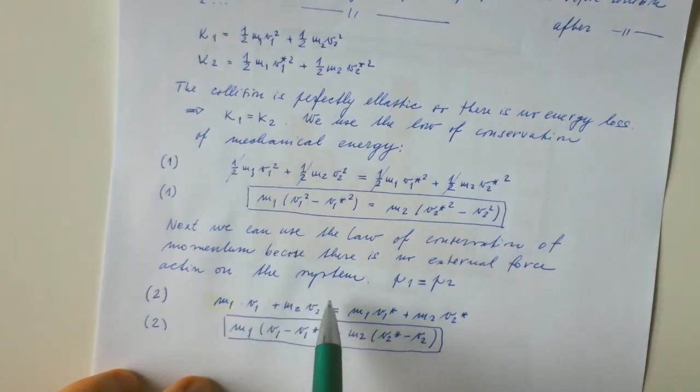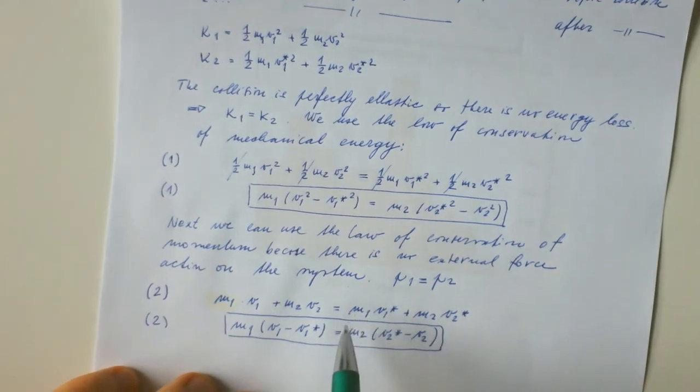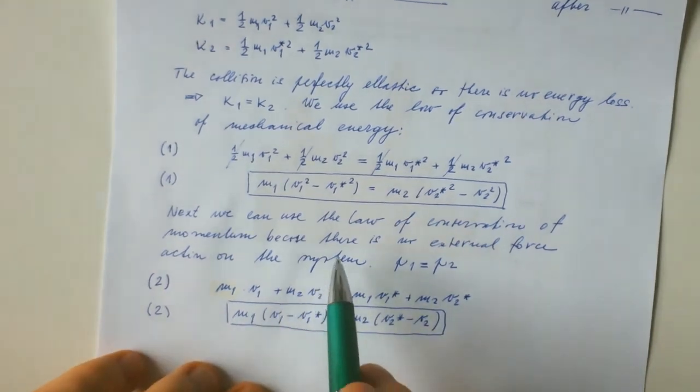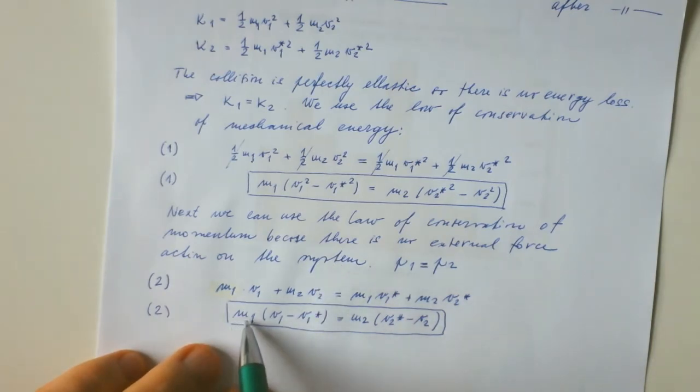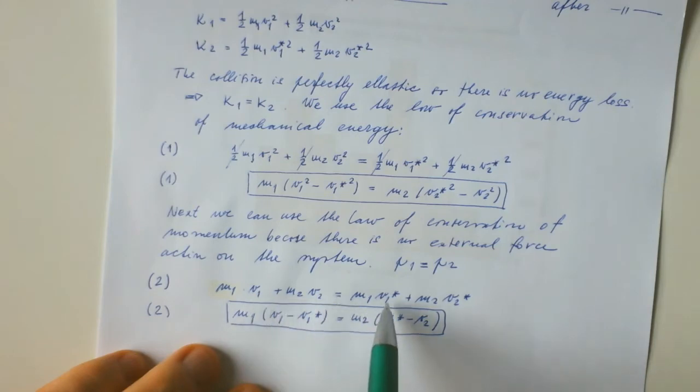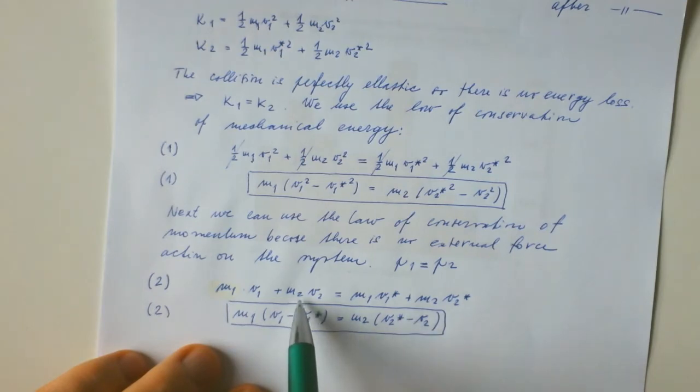So this is the momentum of the system before collision. And this is the momentum of the system of particles after collision. And we can rewrite it in a similar form, taking mass 1 out of the brackets, and there remains v1 minus v1 star is equal to m2 by v2 star minus, from the left side, v2.